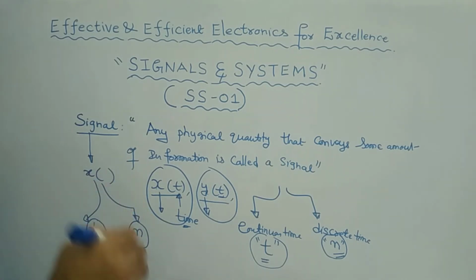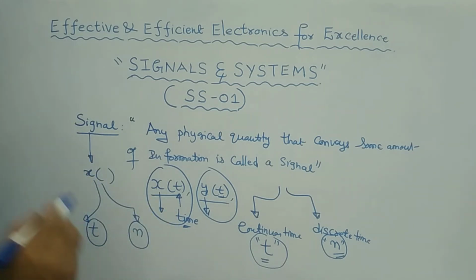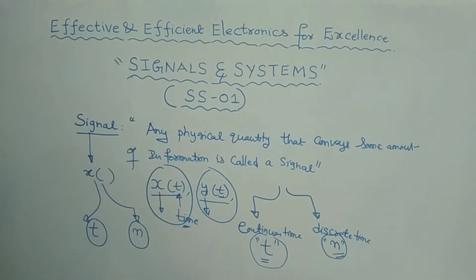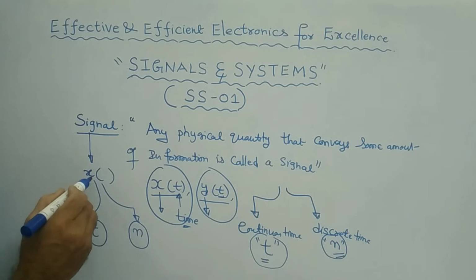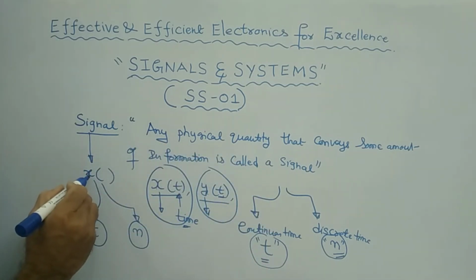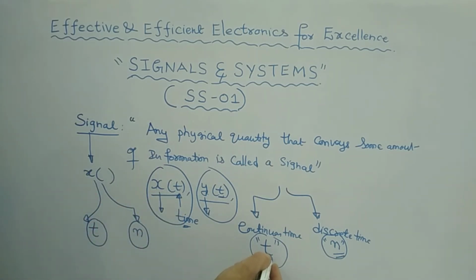If the signal x or y is a function of continuous time, that is t, then it is called a continuous time signal.